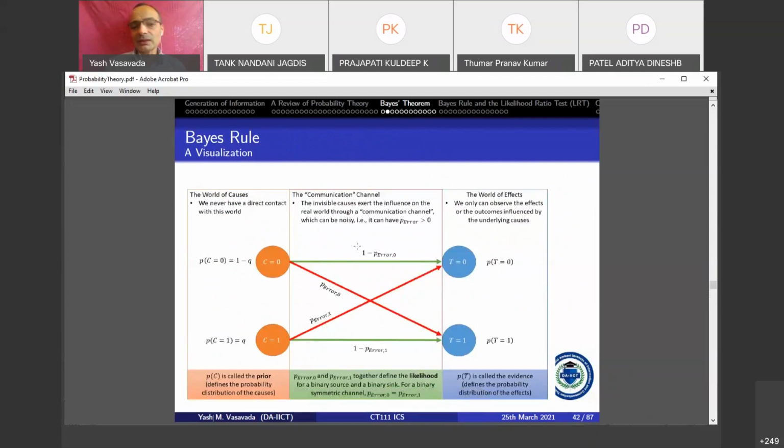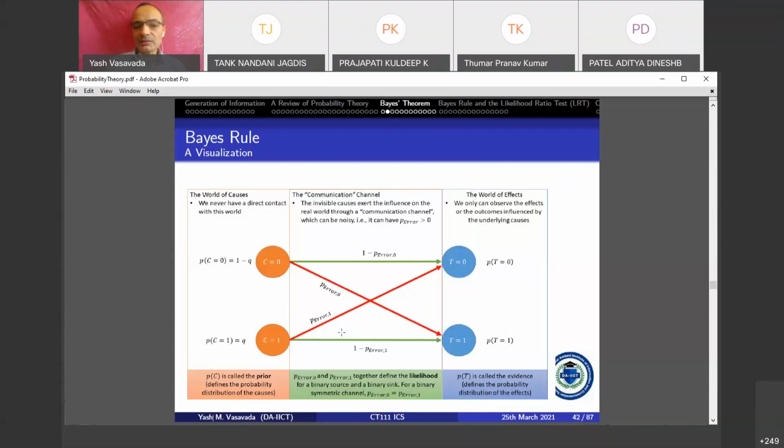I can allow that the errors that happen when c is equal to 0 may be different from the errors that happen when c is equal to 1. The summation of the likelihood for c equal to 0 is always 1. So 1 minus p error 0 plus p error 0 has to be 1.